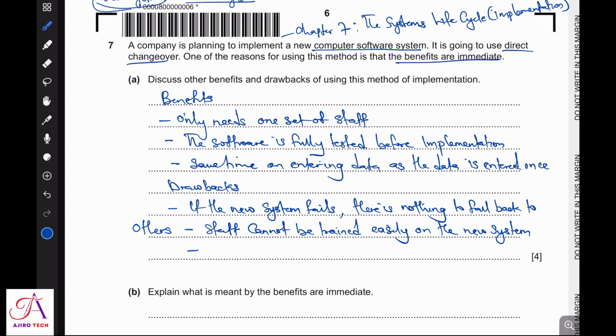It can increase staff costs if the staff is to be trained to use the new system, because again, you have to bring in somebody to teach them how to use it.